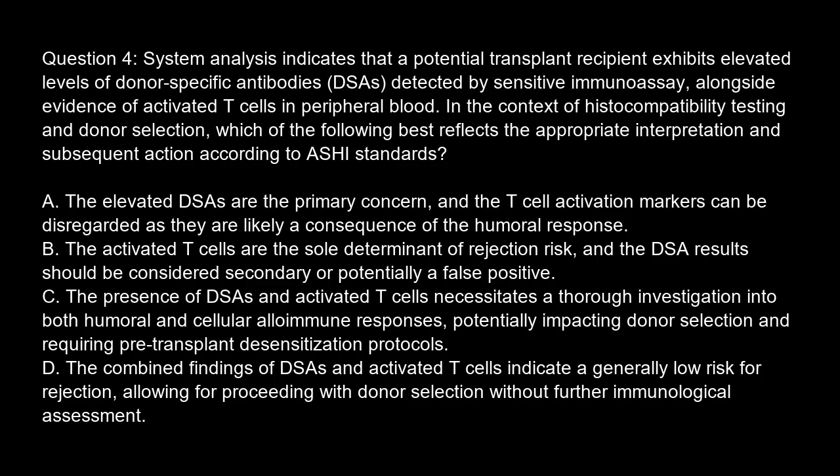Option C. The presence of DSAs and activated T cells necessitates a thorough investigation into both humoral and cellular alloimmune responses, potentially impacting donor selection and requiring pre-transplant desensitization protocols. Option D. The combined findings of DSAs and activated T cells indicate a generally low risk for rejection, allowing for proceeding with donor selection without further immunological assessment.